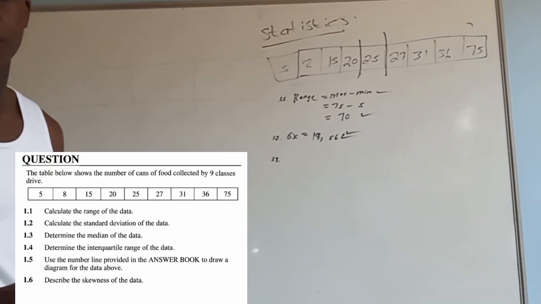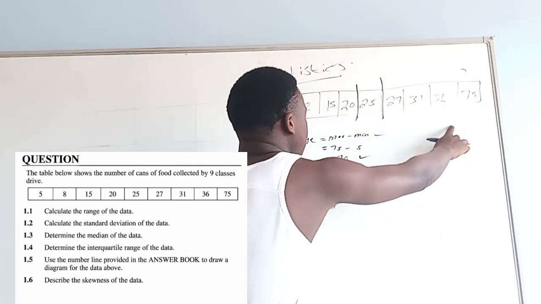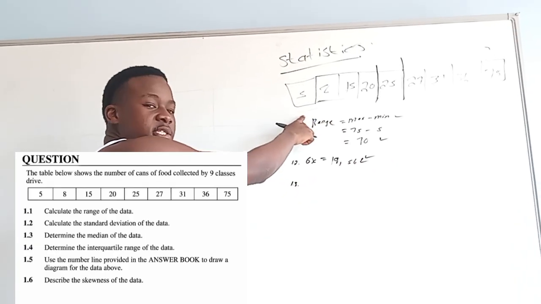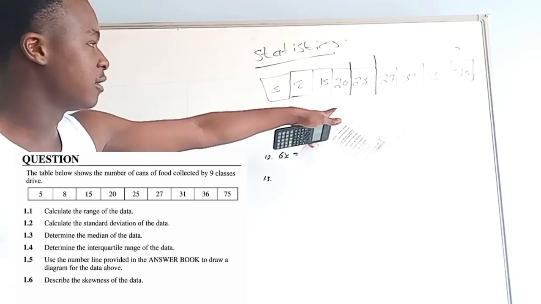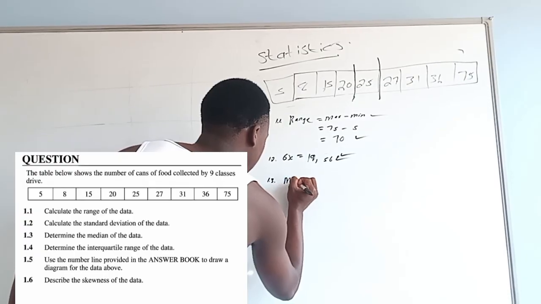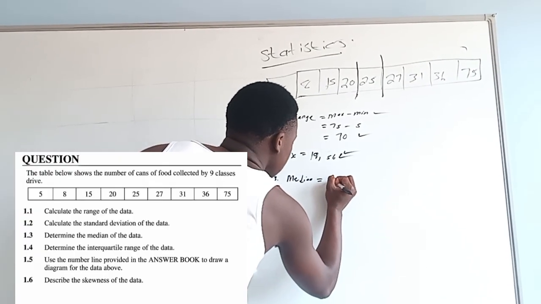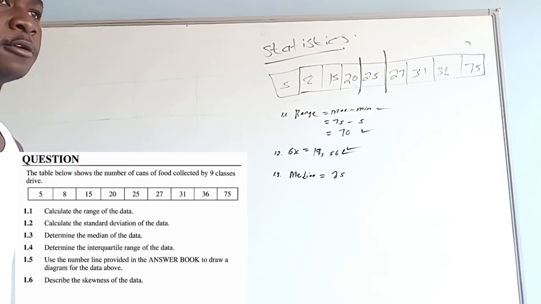Why are we saying it's 25? Because it's in the middle. It's four numbers on the right hand side and four numbers on the left hand side. And what's left in the middle? 25 is left in the middle. Therefore, our median is equal to 25, because it's the middle number.